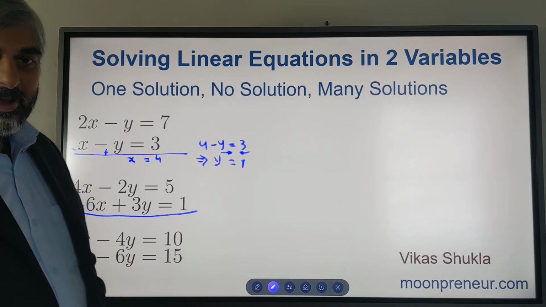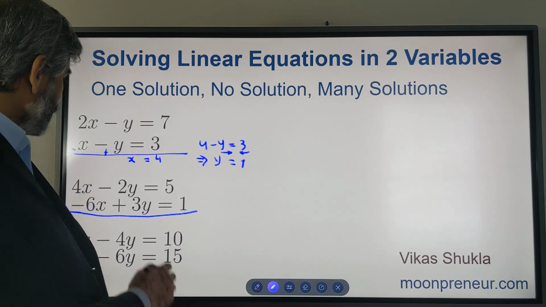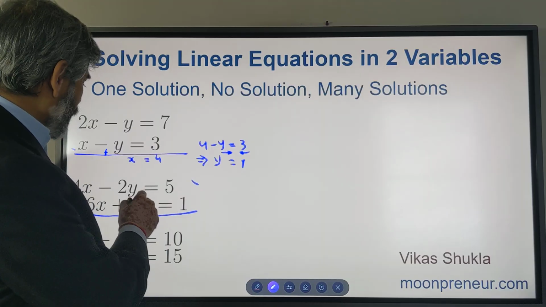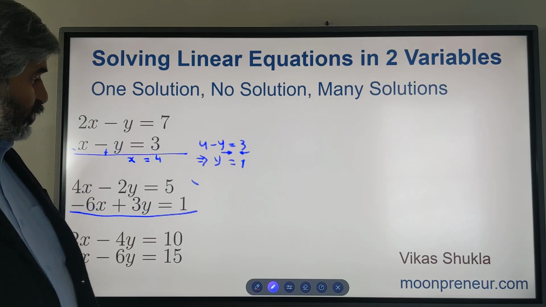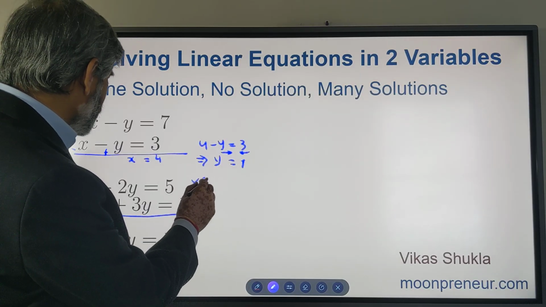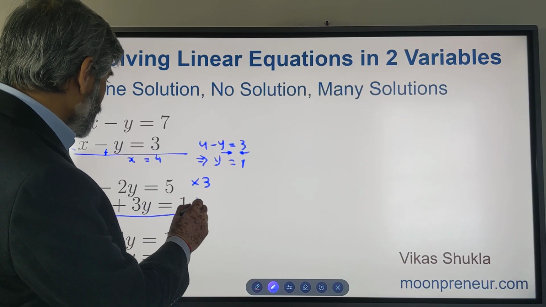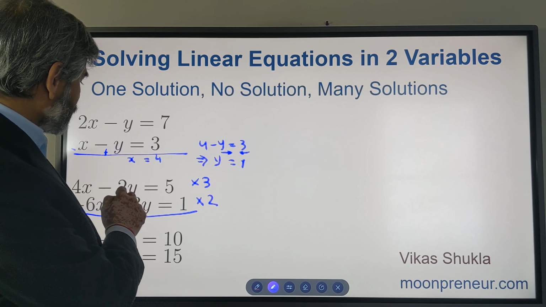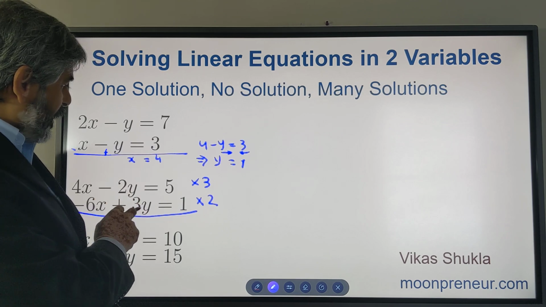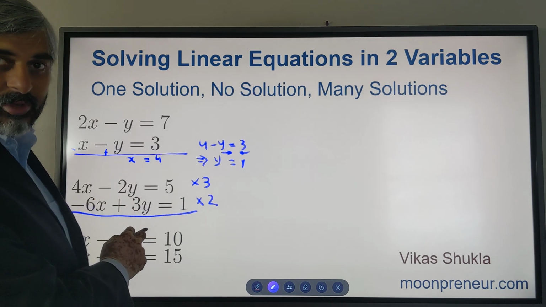The way we can try to solve this is by trying to eliminate y from these equations. If you multiply this equation by 3 and this equation by 2, we get minus 4y, and this plus 6y becomes 0.